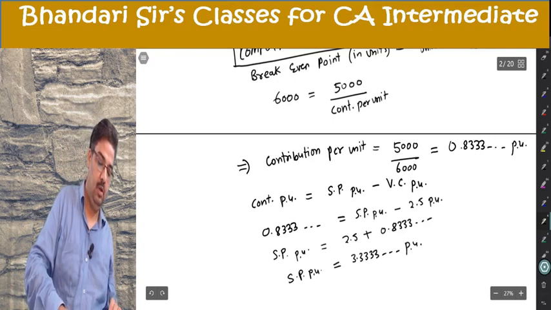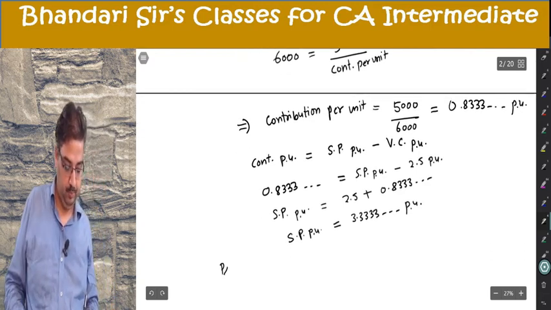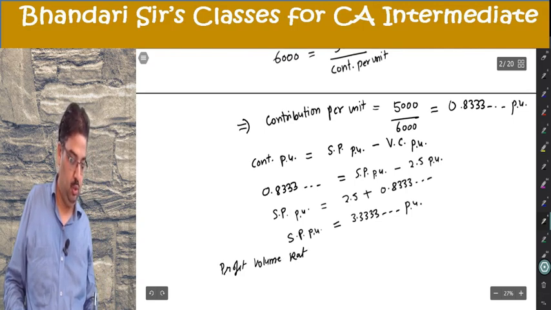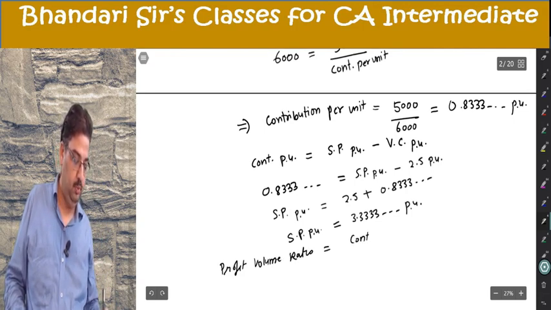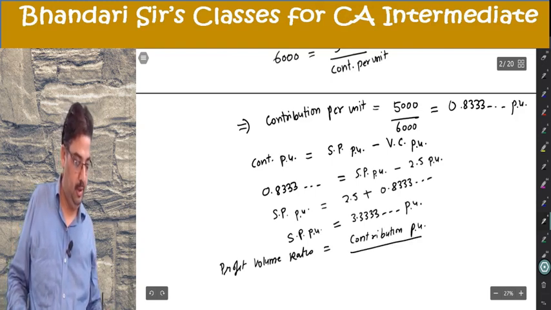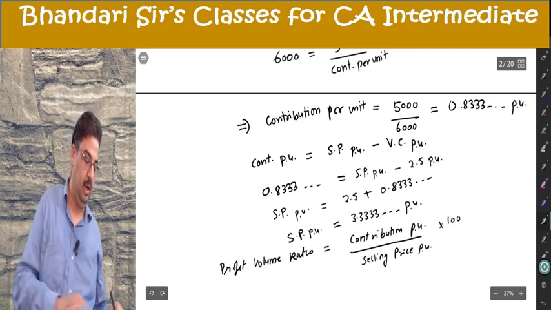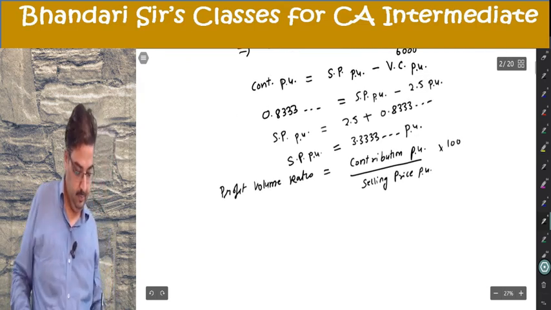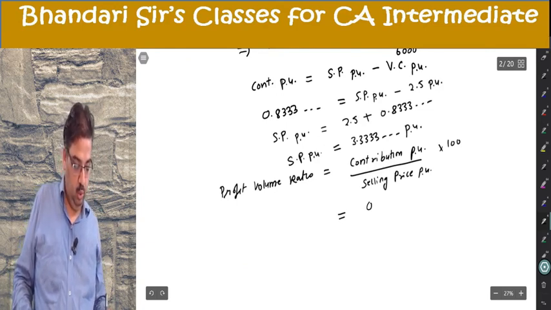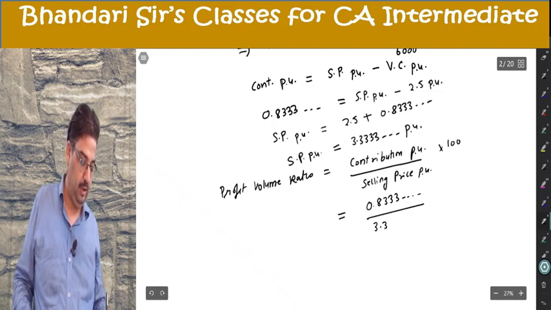Now what is PV ratio? Profit volume ratio is equal to contribution per unit divided by selling price per unit multiplied by 100, which is equal to 0.8333 recurring divided by 3.3333 recurring into 100.